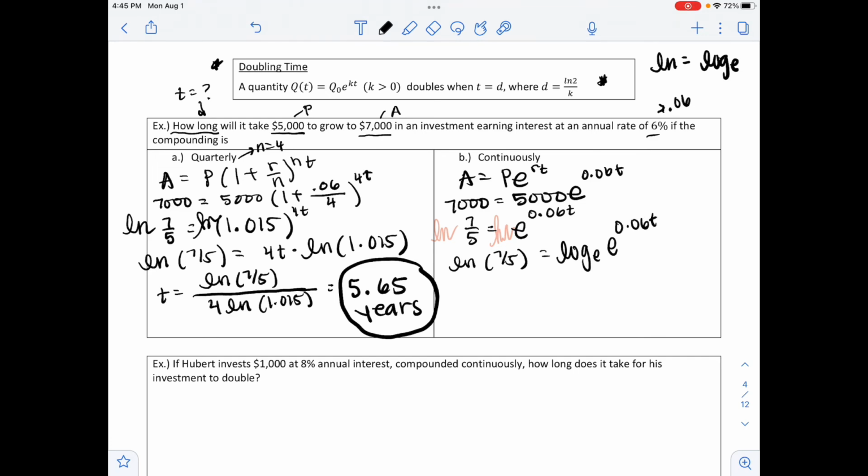This would just simplify to 0.06 t, which is using those properties that we have on the previous page. And so to solve this for t, I'm going to take ln of 7/5 and divide by 0.06 to get my t value. So substituting this in on my calculator and rounding to 2 decimal places, we get 5.61 years.